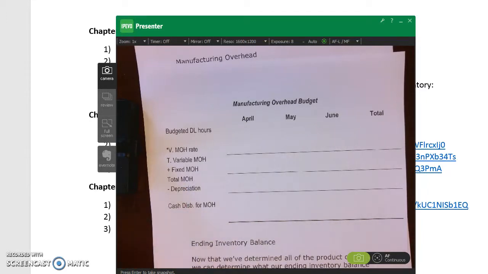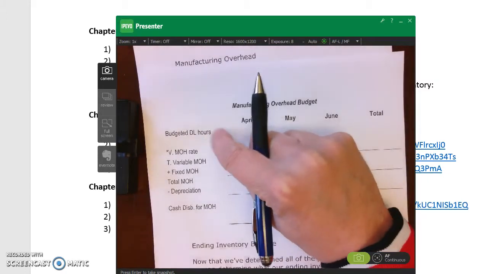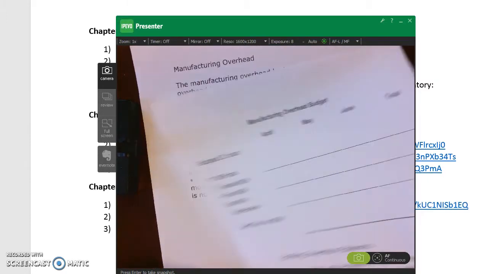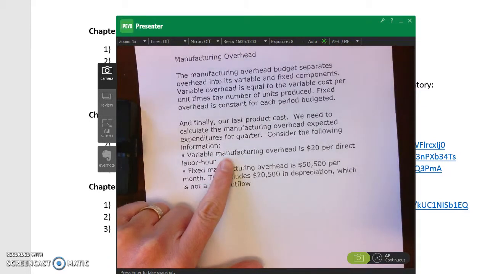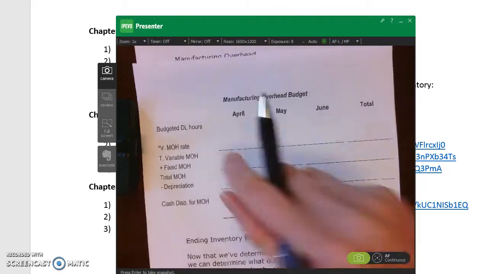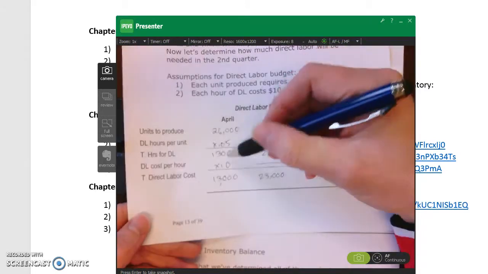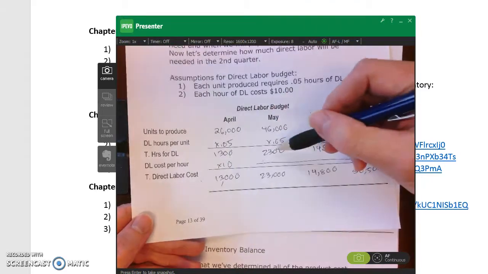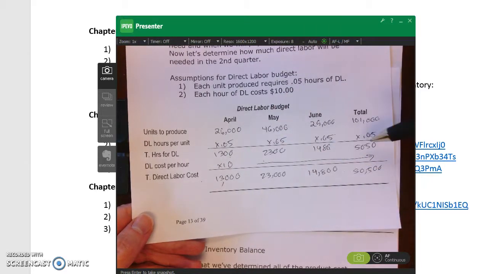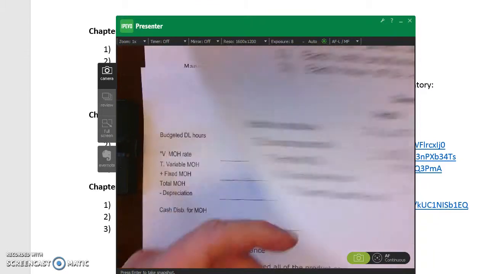Okay? So we'll look over here and it says our budgeted direct labor hours, and the reason that we have that up here is because our variable overhead is per labor hour. So the way I would get my budgeted labor hours is looking back at my direct labor budget. 1,300 hours, 2,300 hours, 1,480, 5,050 hours total. Okay?